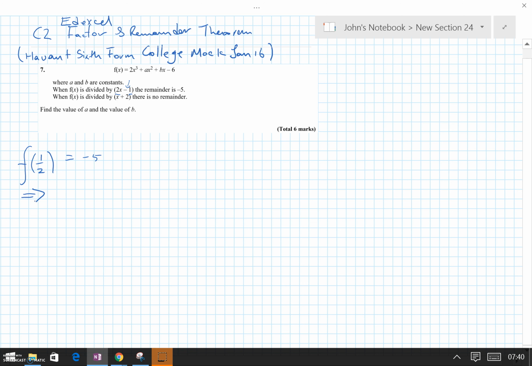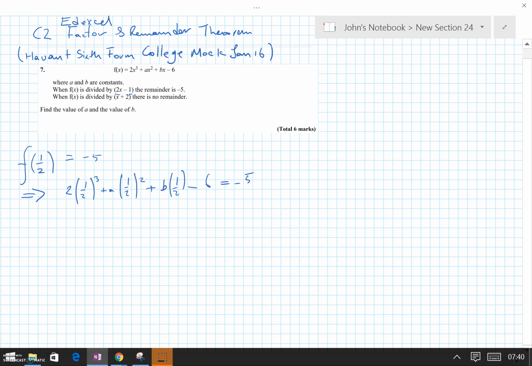So that gives us, let's just put that in, 2 times a half cubed, plus a times a half squared, plus b times a half, take away 6, and that must be equal to minus 5.